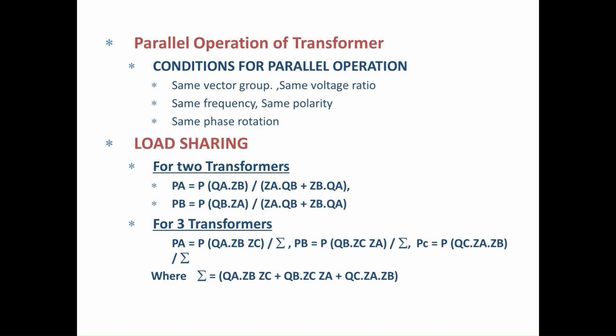For example, some transformers may be around 12.5 MVA, some may be around 20 MVA, 40 MVA, 60 MVA, 65 MVA, like that, and they can have different impedance that can vary from 9 to 12 percent, and based on their impedance, load handling capacity, the parallel operation and load sharing is done.